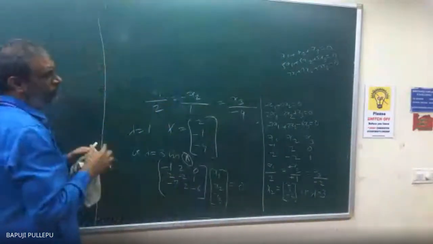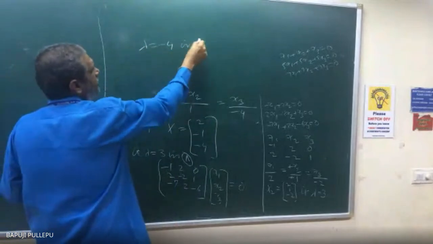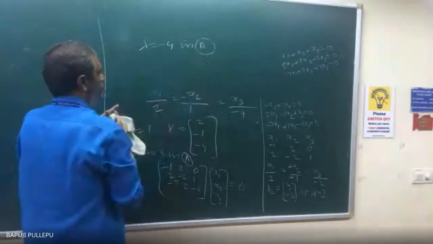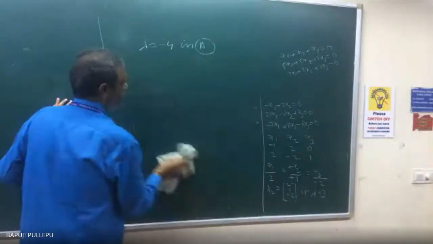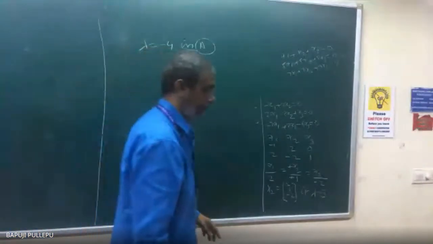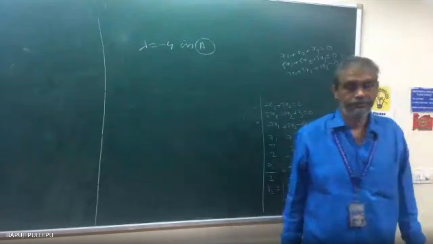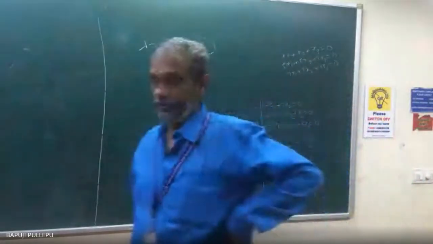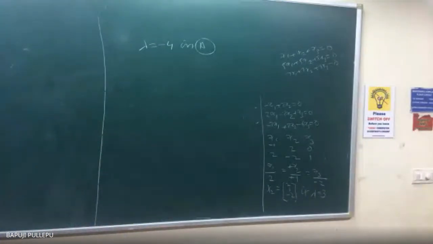When lambda is equal to -4, what is A, you can tell? Tell me now the equation. Lambda equal to minus 4 in A. Whatever your equation matrices, tell me.